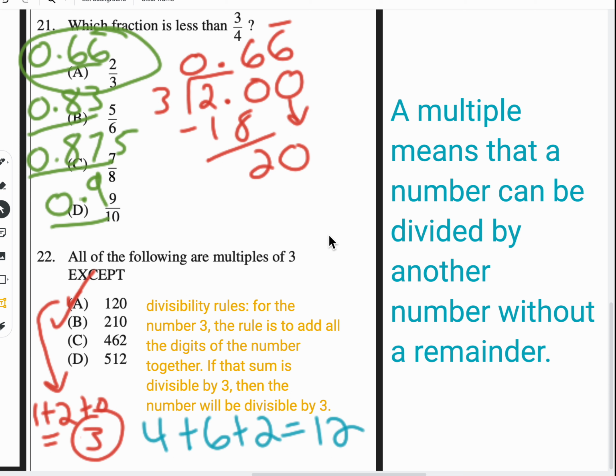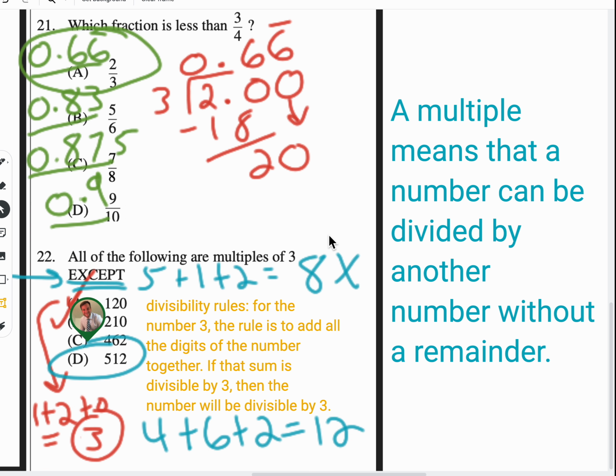Finally, for D, let's add 5 plus 1 plus 2. This will give us 8. 8 is not divisible by 3. We'll take note the question is asking all of the following except, so D is the correct answer.